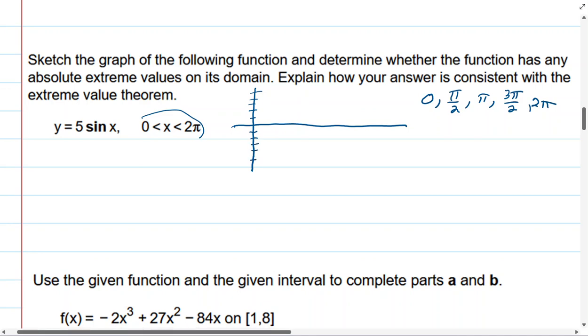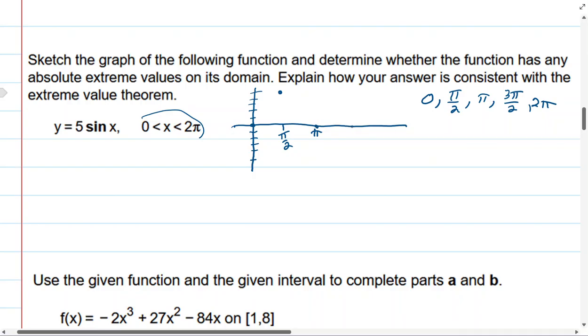Now we know that the sine of the radian measure 0 is 0. At pi halves, sine is 1 times the 5 makes it 5. Good, good. At pi, we come back to the ground zero business.